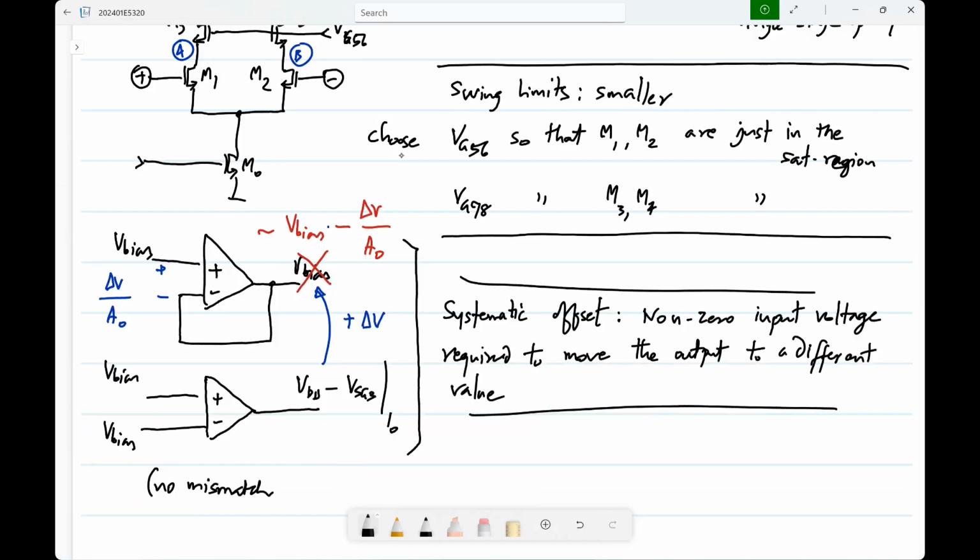Of course, if you have a very high gain, this may be negligible. But if you want to avoid this, you should choose the operating point to be the same as the natural operating point, or maybe the same as what V bias you want to have. This happens even in the single stage op-amp as well. It can be negative or positive.